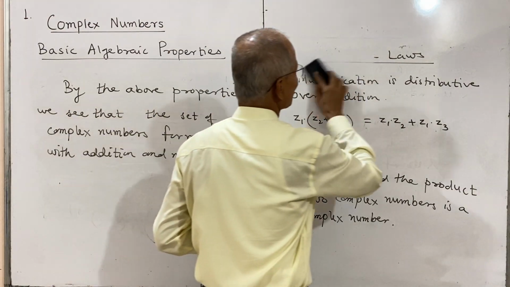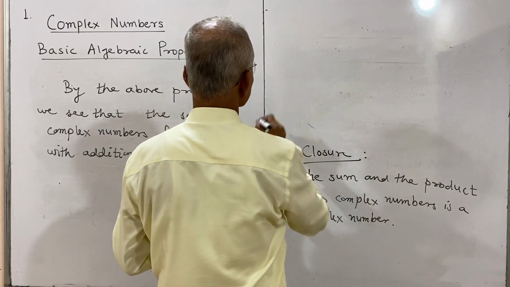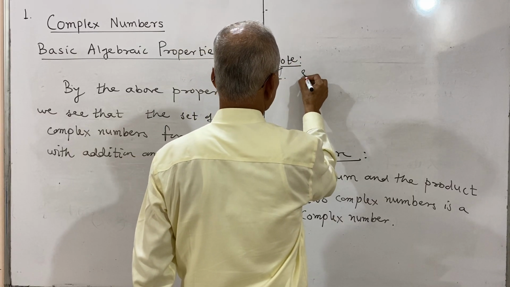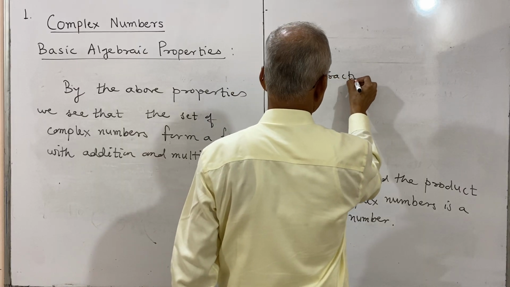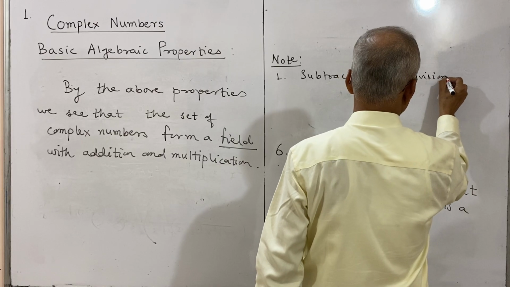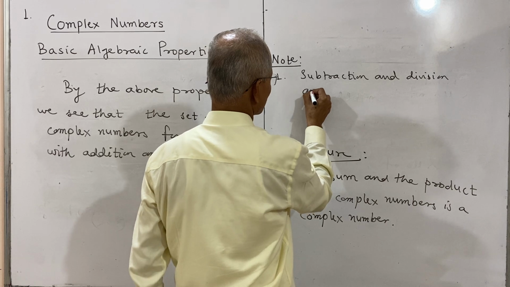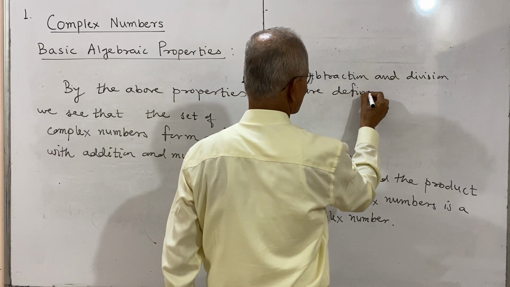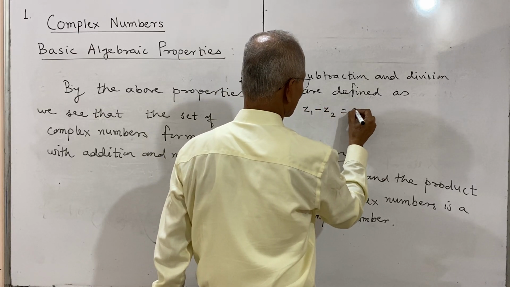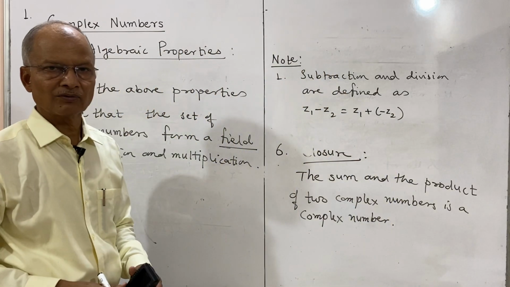We can write as a note: subtraction and division are defined as Z1 minus Z2 is equal to Z1 plus of minus Z2 in terms of additive inverse.